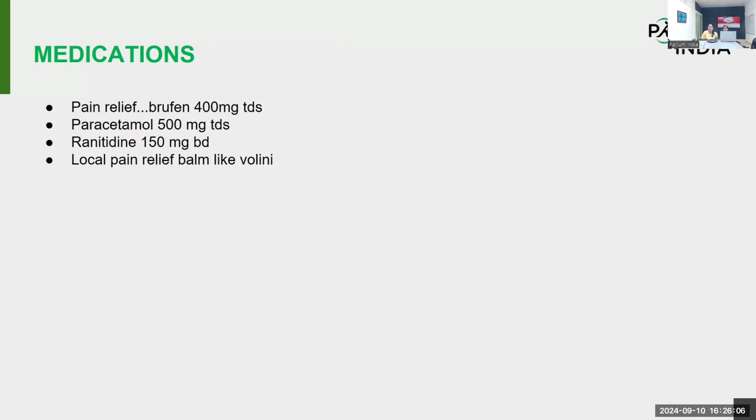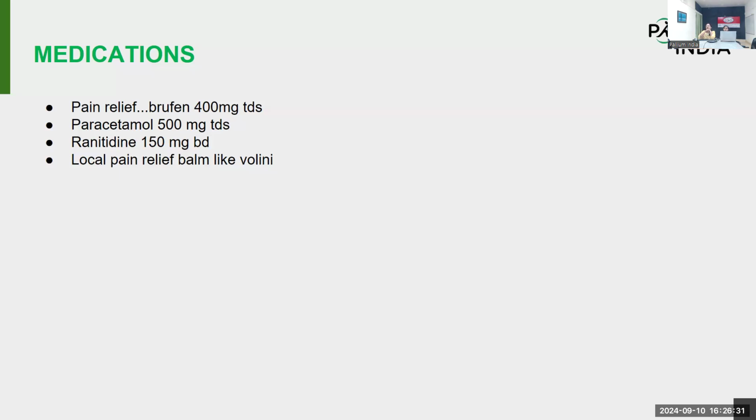So, participants, I understand that the patient is not having adequate pain relief. How do we go about this patient? The patient is already on brufen and paracetamol. Paracetamol 500 milligram thrice daily and brufen 400 milligram thrice daily. So, what do you suggest?